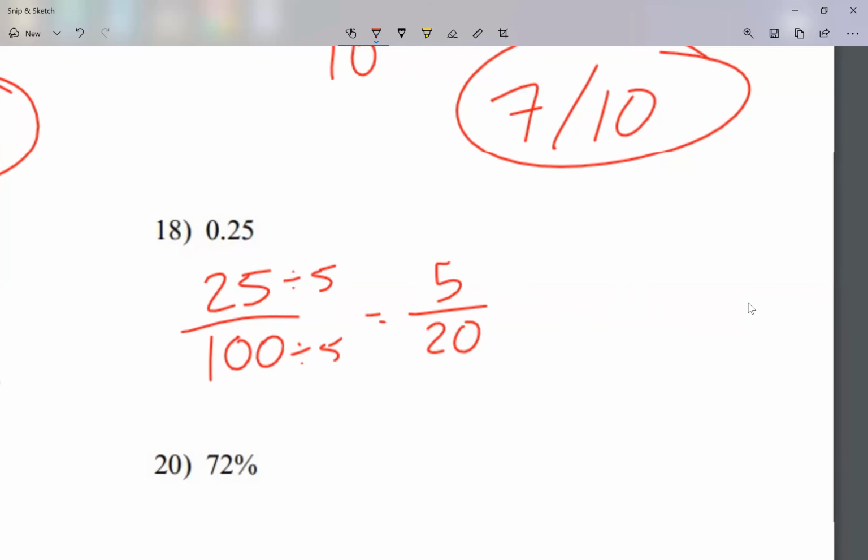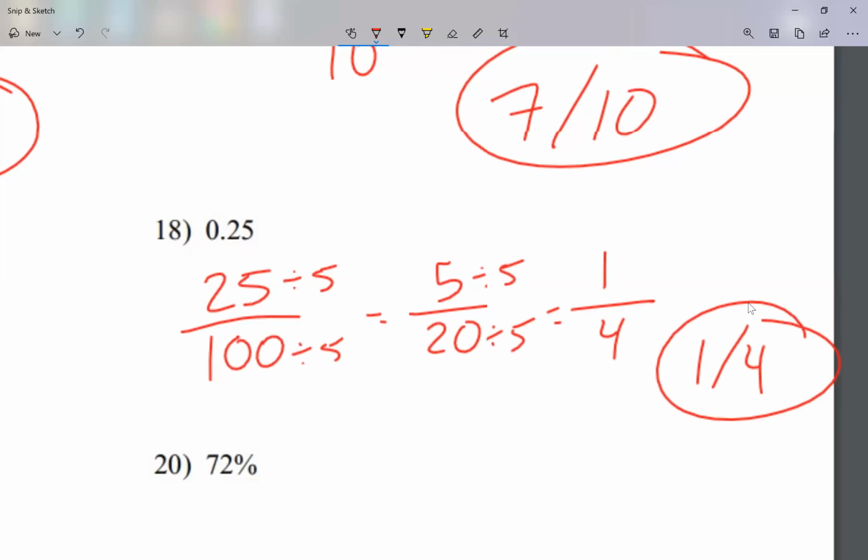Then I ask myself, can I do even better? Yep. Let me divide by 5 again. 5 divided by 5 is 1. 20 divided by 5 is 4. Now, that's as far as I can go. My fraction is 1 over 4. So I'm going to type this as 1 backslash 4, 1 over 4.